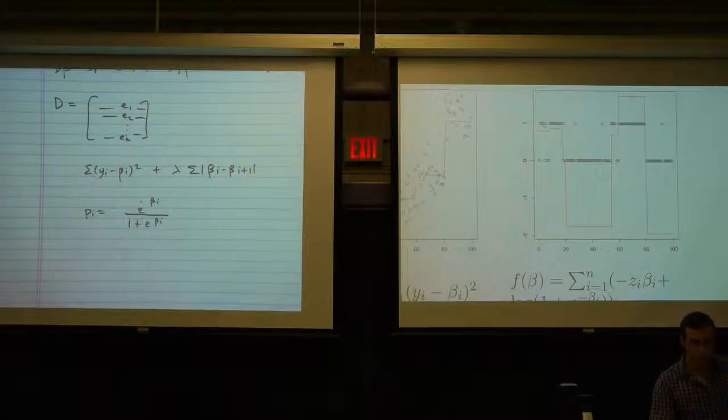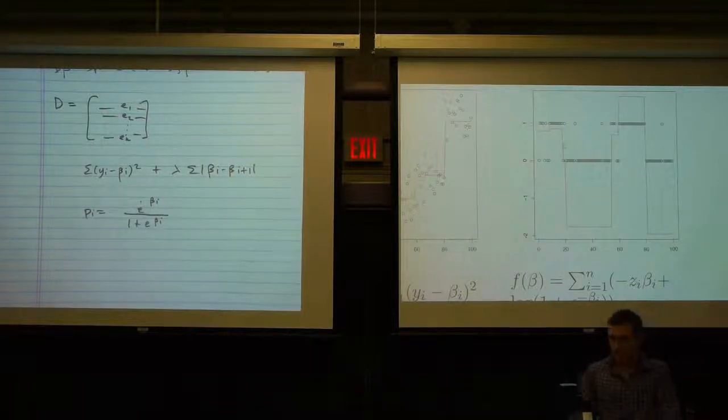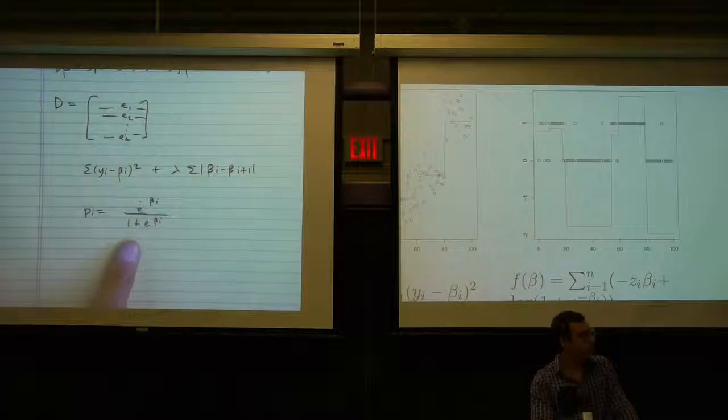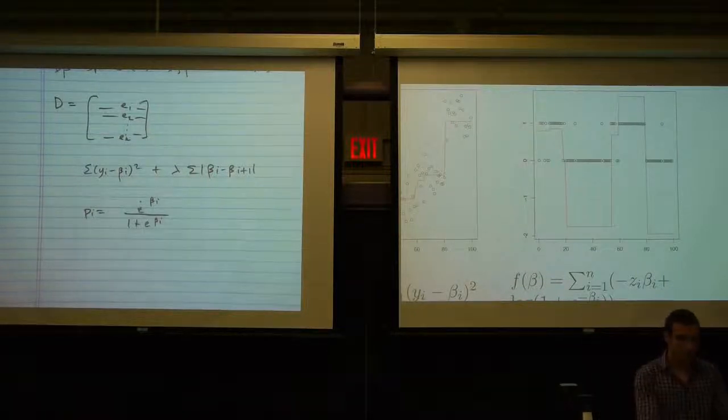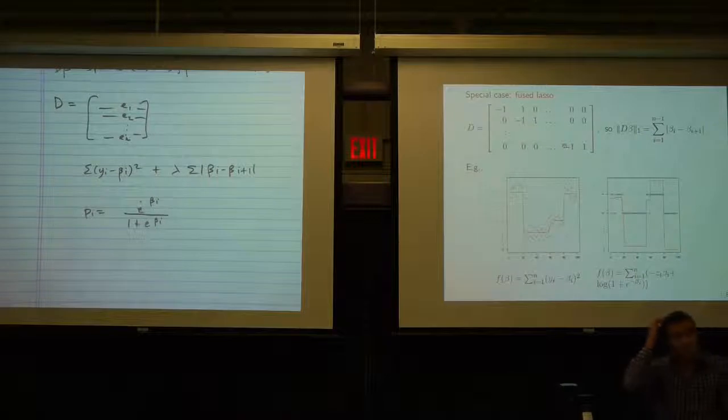If I were to plot the p's here, then they would only be between 0 and 1. But they would look similar too. They'd also be piecewise constant, because pi equal to pi plus 1 happens only if beta i is equal to beta i plus 1. Okay, so that's just one example. Any other questions?